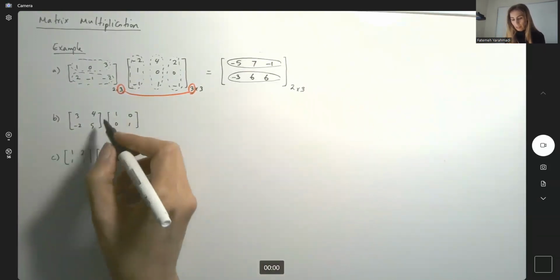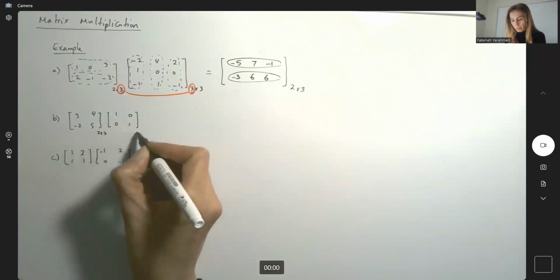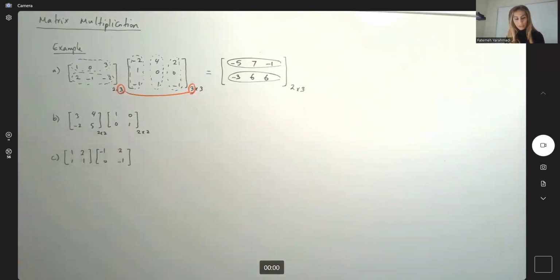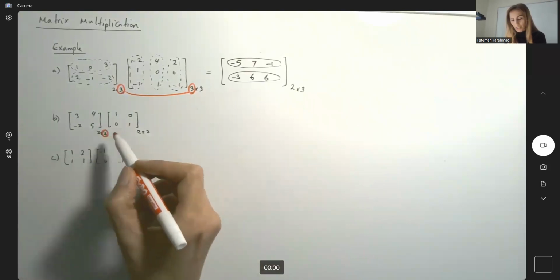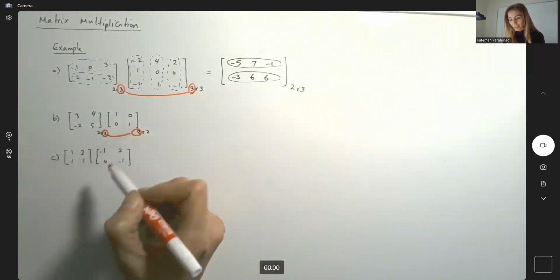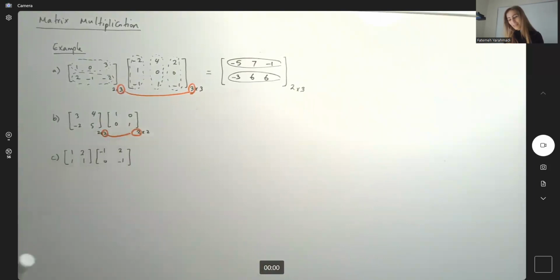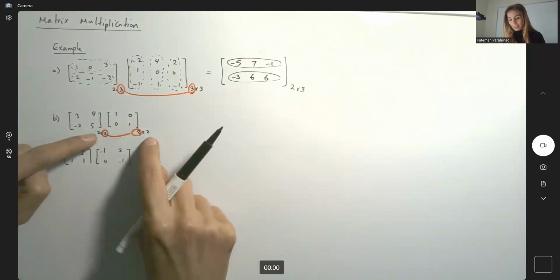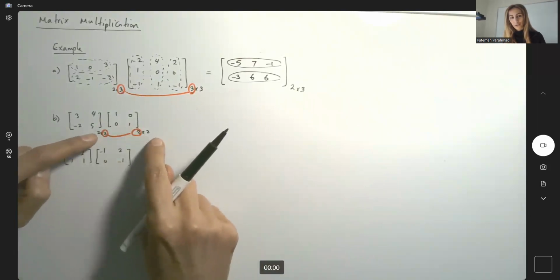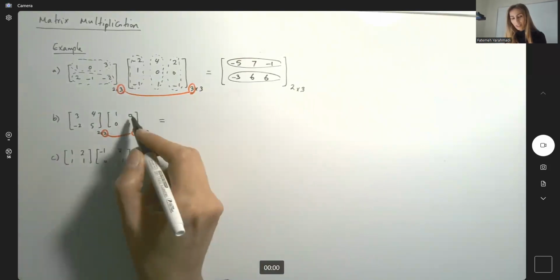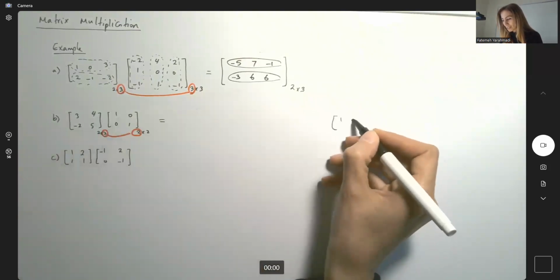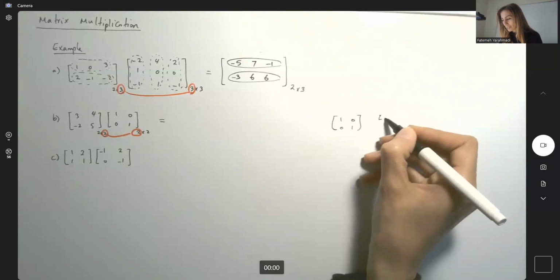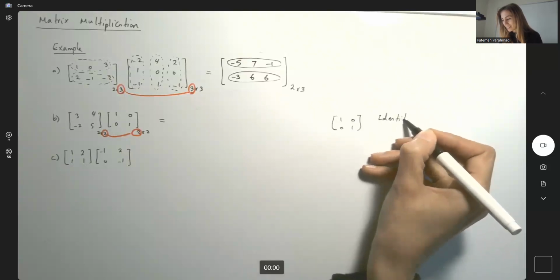The same process. First of all, you have a 2 by 2 matrix and a 2 by 2 matrix, and the number of columns of the first matrix is the same as the number of rows of the second matrix. So you're allowed to find the product between these 2 matrices. And note that you are going to have a 2 by 2 matrix. Just pay attention to the identity matrix. Matrix 1, 0, 0, 1 is your identity matrix.